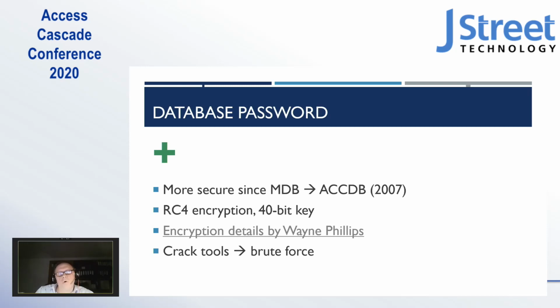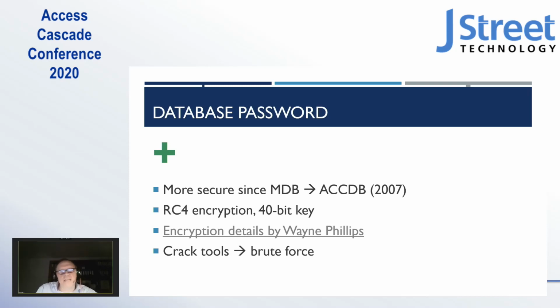Now we go into the core of Access. The most important thing we have there is the database password. Believe it or not, and these are the pluses of the database password, the advantages. It has become much more secure since the change from MDB to ACCDB as standard format.